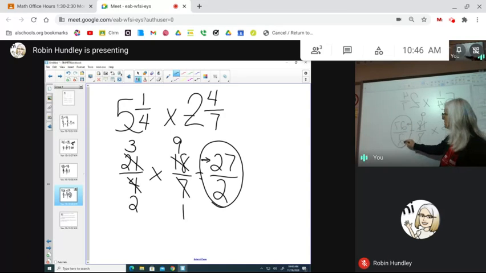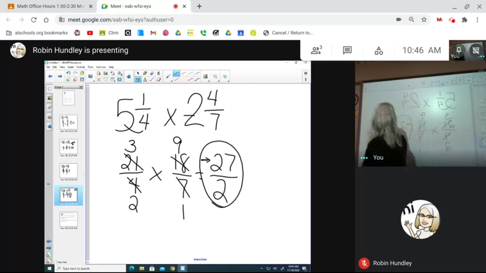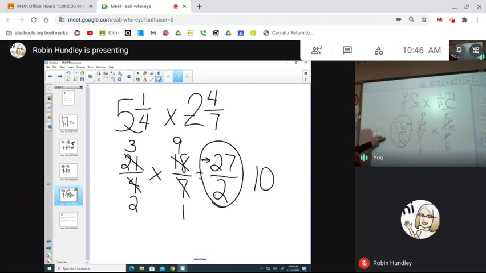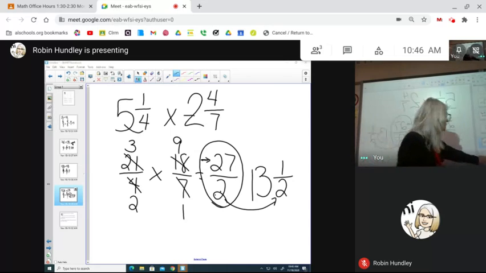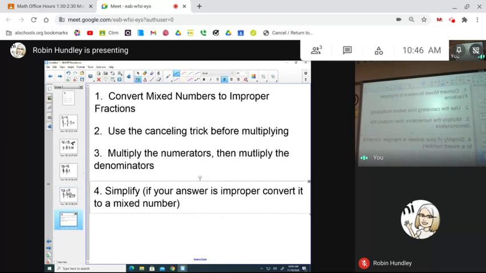How many whole times will 2 go into 27? 13 whole times. 2 times 13 is 26. So it goes 13 whole times. And the 1 remainder is my numerator, and the denominator stays the same. 13 and 1/2.